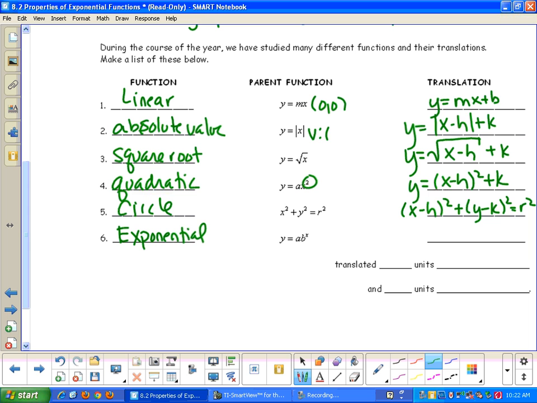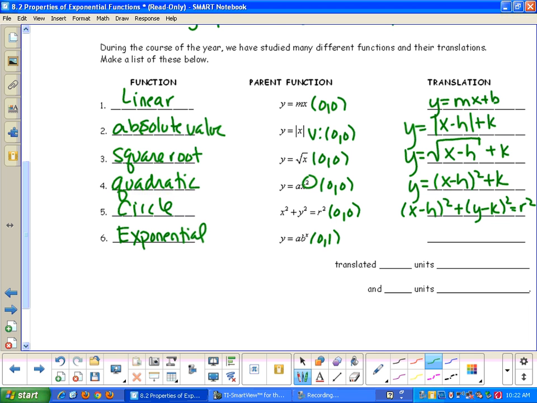This would have a vertex at 0, 0. This graph right here starts at 0, 0. This graph also starts at 0, 0. Same thing with this one. This one, however, does not start at 0, 0, because if you have x is 0, anything to the 0 power is 1. So really it's 0, 1 that we normally go with.